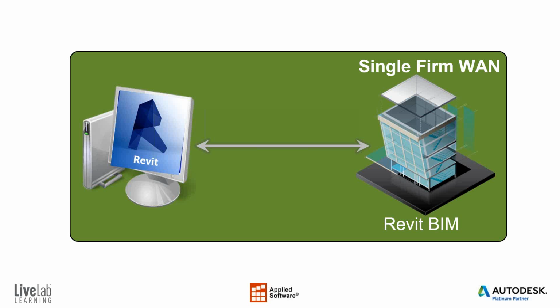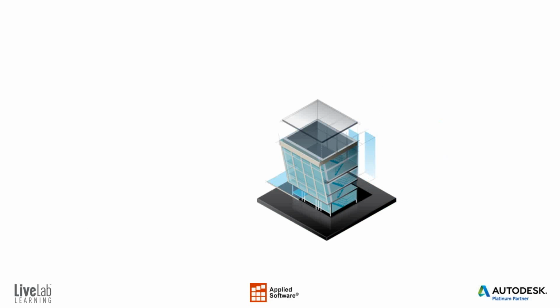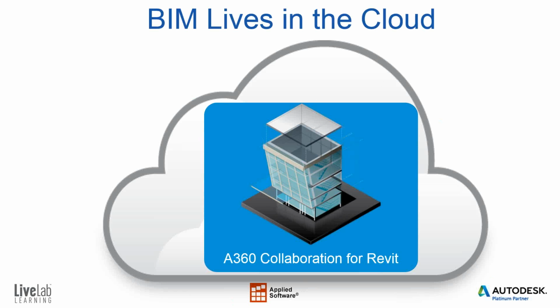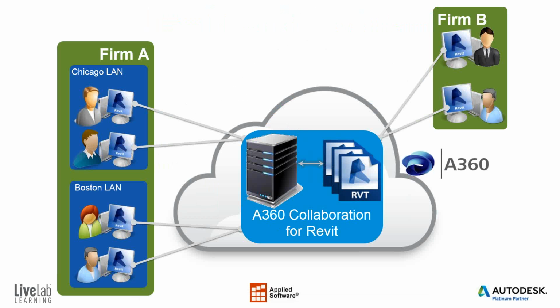So I think most people are kind of familiar with that workflow as far as how it works in a single office. As we move into this collaboration for Revit tool, basically what it does is it moves your central model, your main file, out to the cloud, and it resides on the internet. And once it's out on the internet, we can have users come in and create their local copies off this file that's out on the internet. So it kind of works the same way as having the file local on your local server.